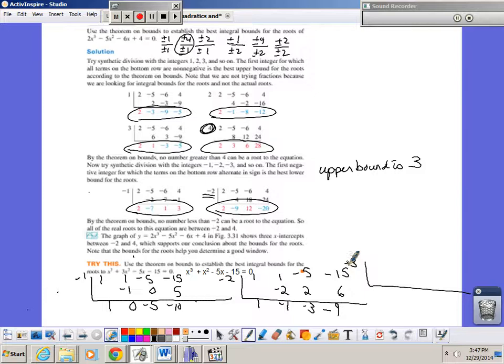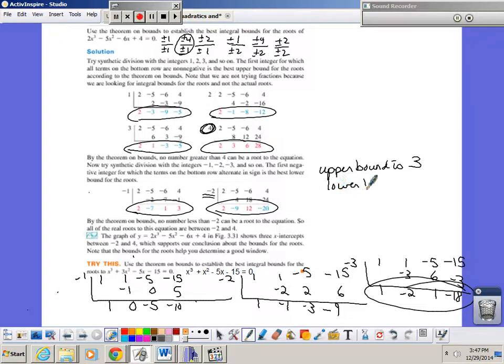Negative 3. 1, 1, negative 5, negative 15. 1, negative 3, negative 2, 6, 1, negative 3, negative 18. Alternating. Yippee!